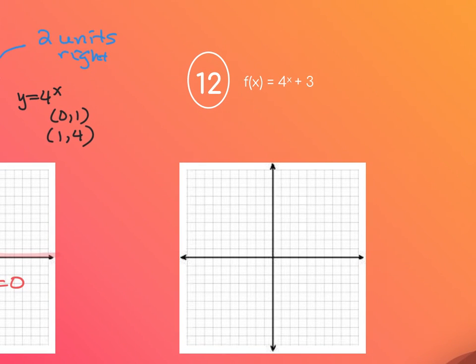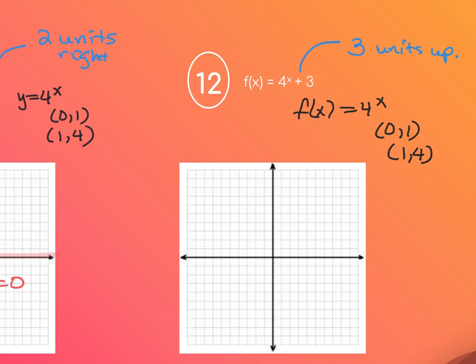So I'm going to graph f(x), or y equals 4^x first. Then I'm going to shift my entire graph, including the asymptote, 3 units up. So let's go ahead and again, same ordered pairs, 0, 1, 1, 4. Skims along the asymptote.